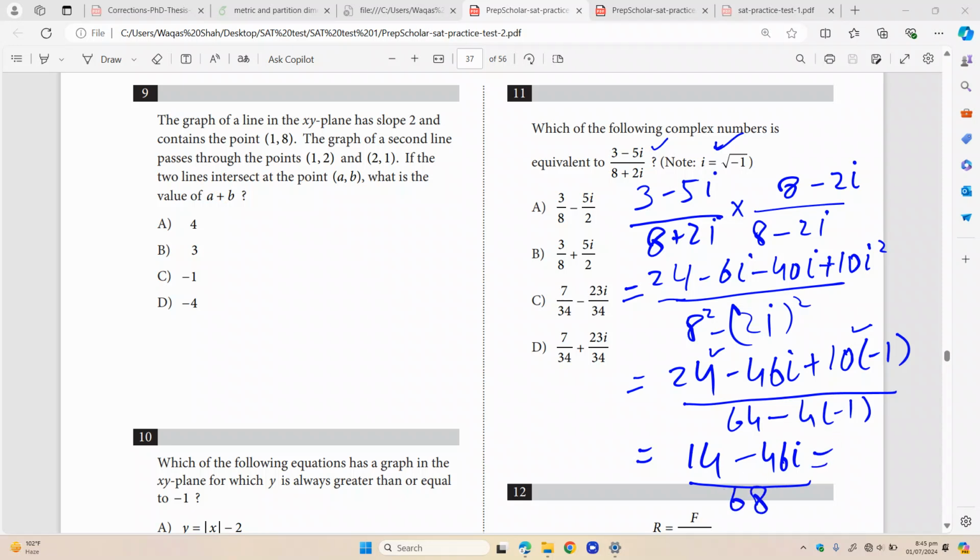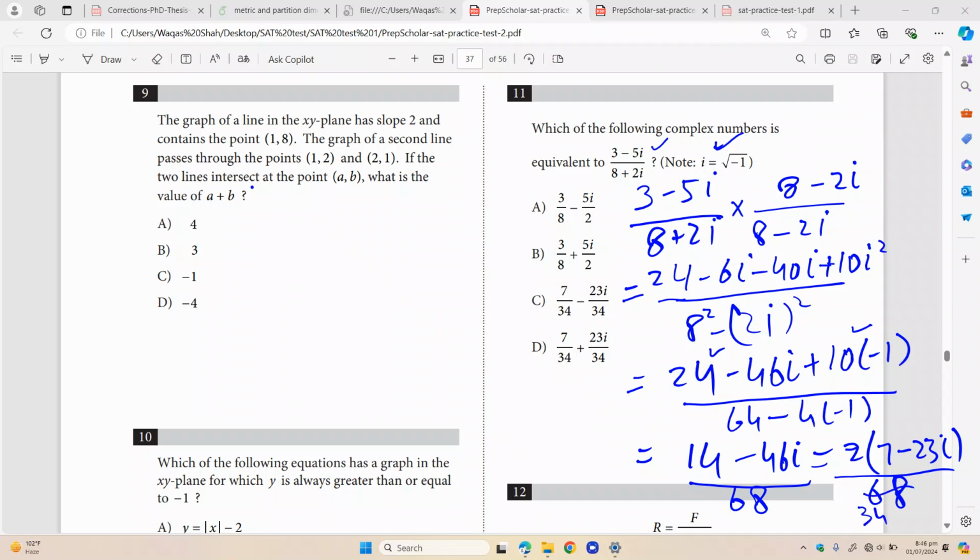Okay, so we can take 2 common. Dividing numerator and denominator by 2, it will be 7 minus 23i divided by 34.